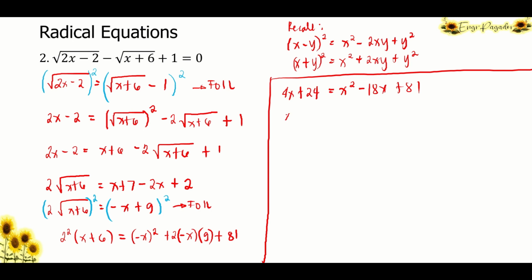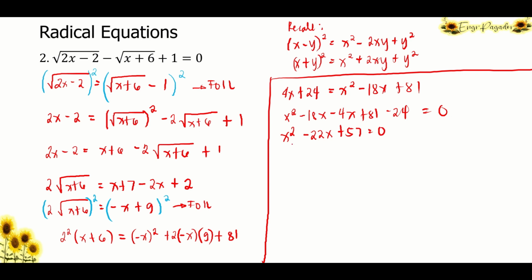So, this will be equal to x squared and then minus 18x. Transpose natin to the other side. So, magiging negative 4x yan. And then plus 81 minus 24 equal to 0. So, if we combine like terms, that will be equal to x squared minus 22x plus 57 equal to 0.